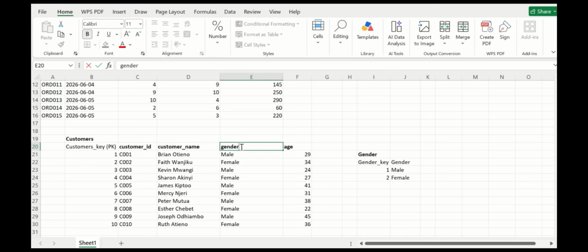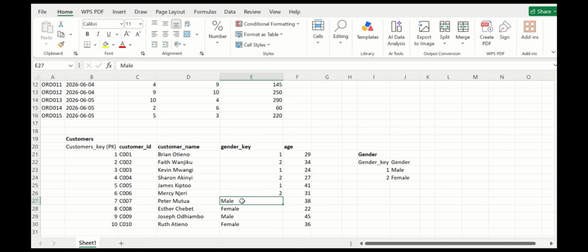So let's write this column as gender key, and then we replace the male. For male, this is represented by 1. For female, this is 2. For male again, 1. For female, 2.